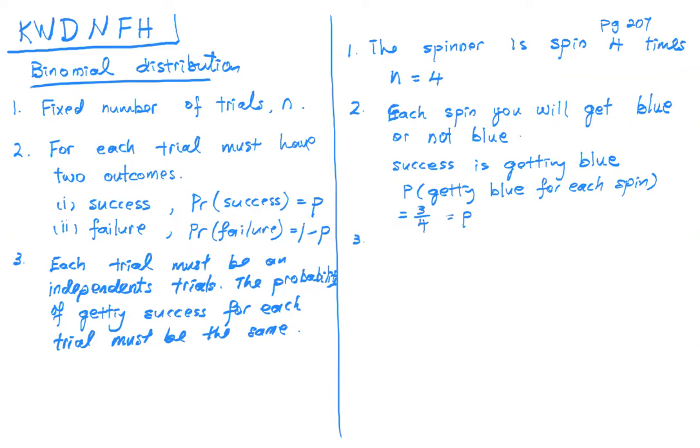So is each spin an independent spin in this case? Look at your textbook. When the first spin happens, will the first spin affect the second spin? The result, the probability? No. So each spin is independent of the other.